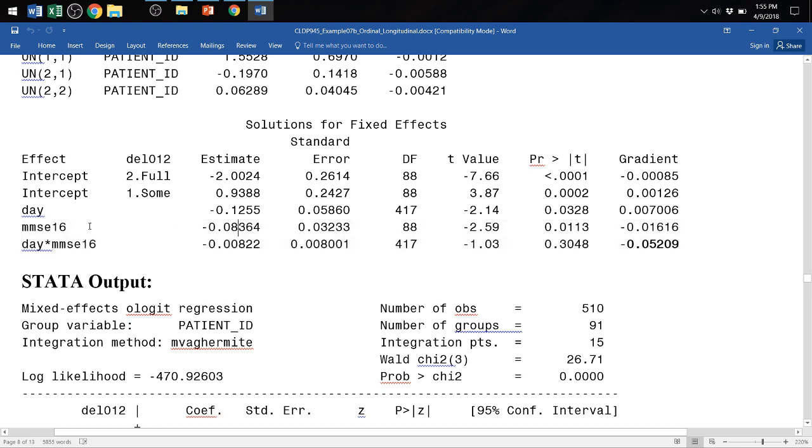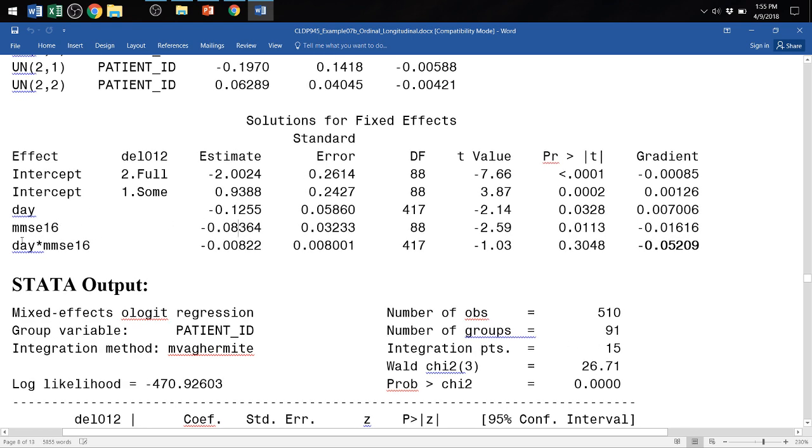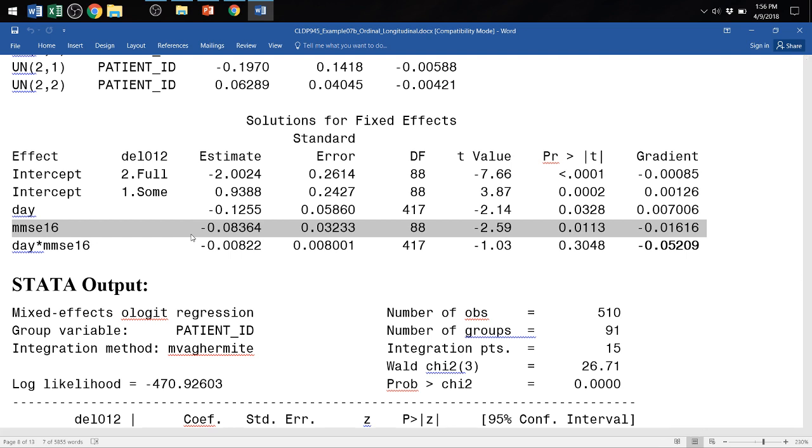So if I interpret these coefficients in logits, let's do the main effect first. For every unit of cognitive status, the logit of delirium on day 0, it's a simple main effect, goes down by 0.08, and that is significant. So in English, the more with it you are, the less likely you are to have delirium.